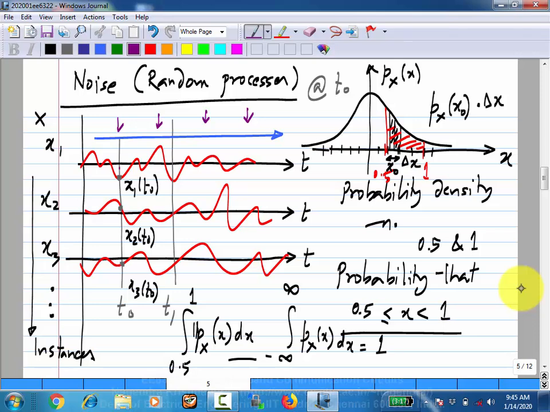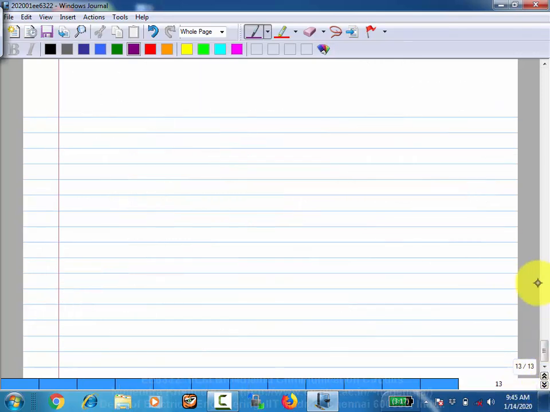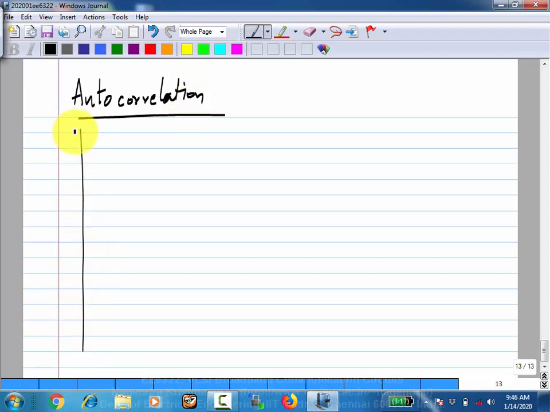So for that, what is done is the following. You use a measure called autocorrelation. Again, I'll give you the definition and an intuitive feel for why the definition is useful.